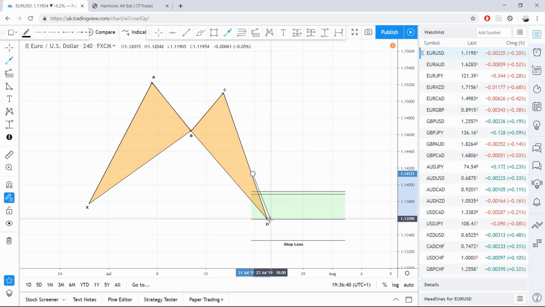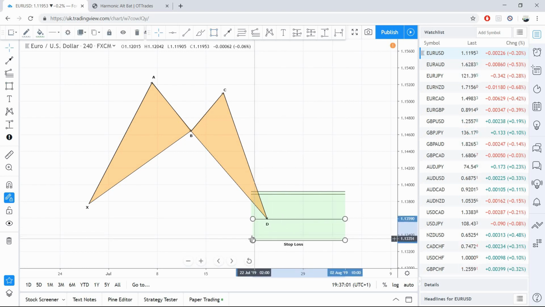So already you're slightly more conservative trading these patterns over the advanced patterns. However, you could be even more conservative and say, okay, I'm going to wait for the D point to be exceeded, so the pattern has now technically been validated, and then we're going to wait until price gets into this region before we look for entry reasons.